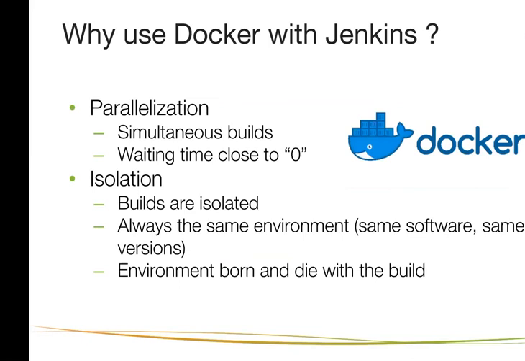You just push your code on GitHub, and your build will start immediately or almost immediately. And also because of isolation. So we don't need to worry about versions of software, because all the containers will be born and will die with the build itself. When you start the build, the container starts with all the configuration that you want, and when the build is done, the container dies, and that's it.